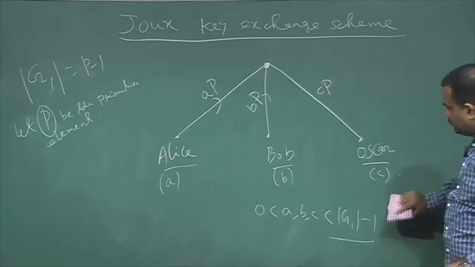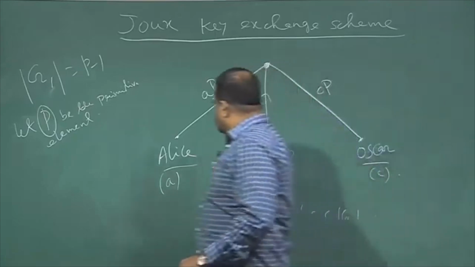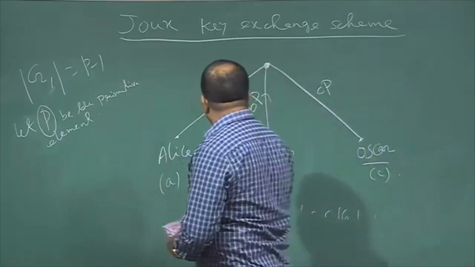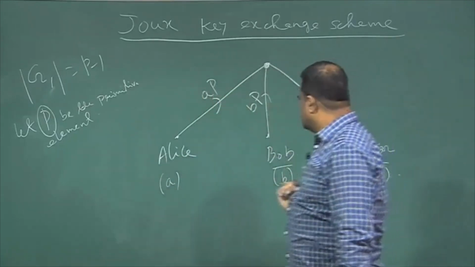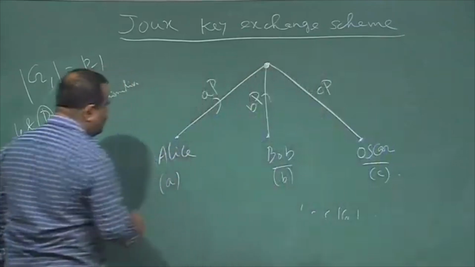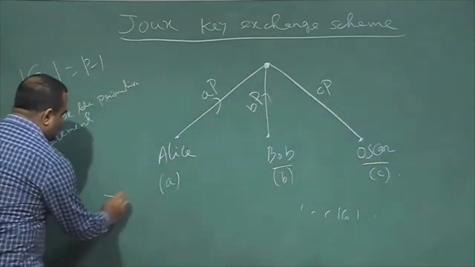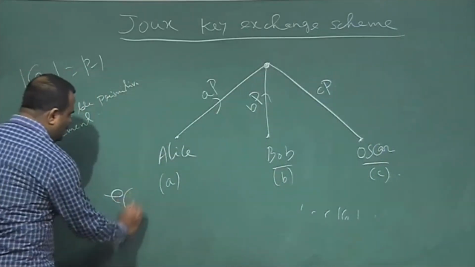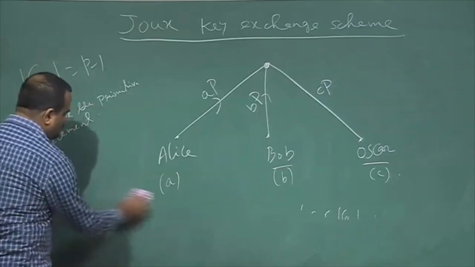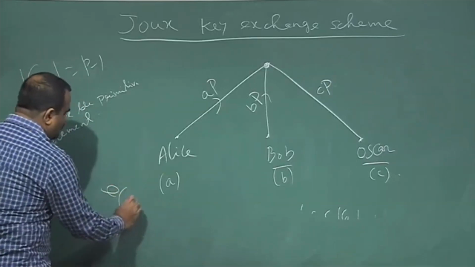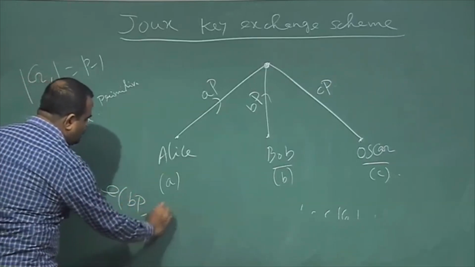What is Alice doing? Alice gets the values bP and cP. Alice will compute the pairing e(bP, cP).